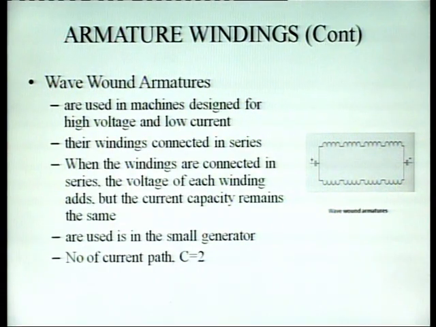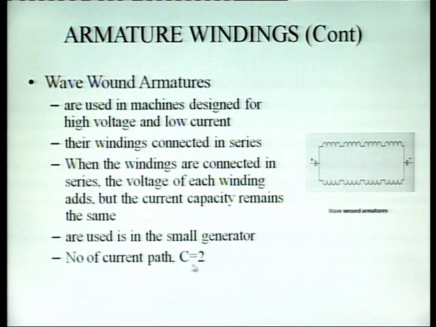Wave wound armature. In a wave wound armature, the windings are connected in series and the number of current paths is 2. When the windings are connected in series, the voltage of each winding adds, but the current capacity remains the same.